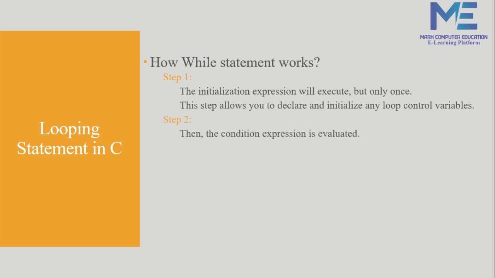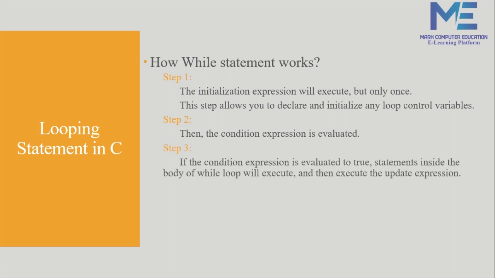Step 2: the condition expression will be evaluated. Step 3: if the condition expression is evaluated as true, then the statements inside the body of the while loop will be executed and the updation expression will also execute.